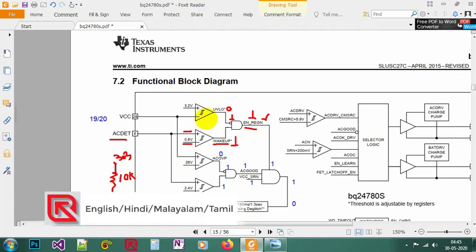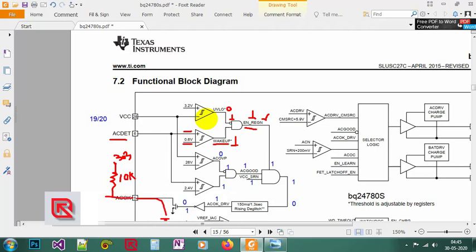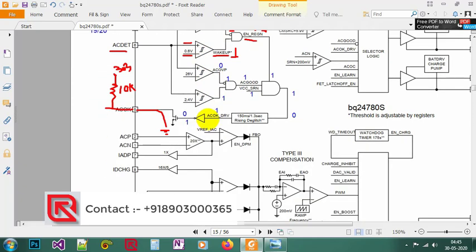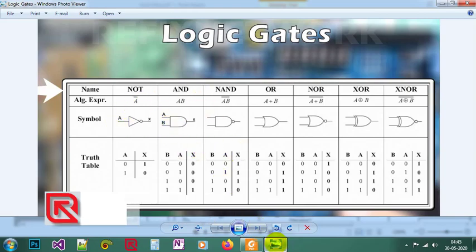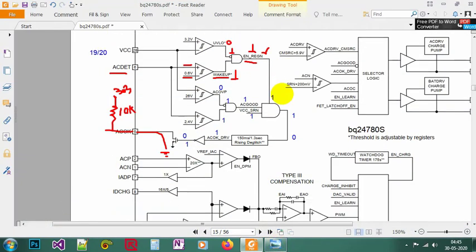If the higher side is high, then you will get a high output. If the lower side is high, then you will get a low output. That's a comparator. The Schmitt trigger is also just like a comparator. All right. And the gates, I told you the basic gates we need: AND gate, NOT gate, and NAND gate. Only those we used here.